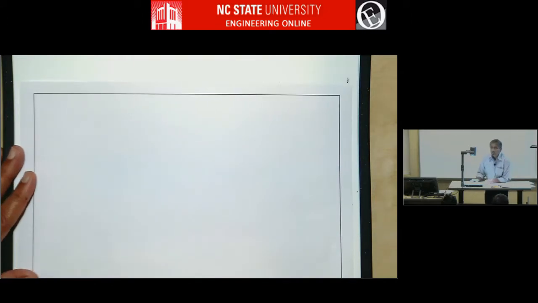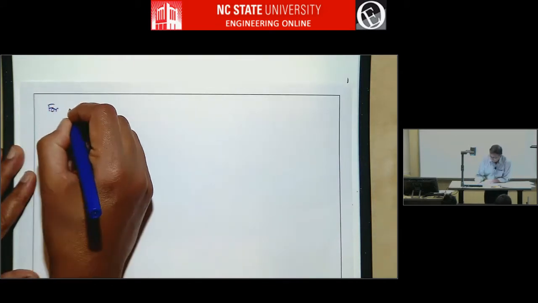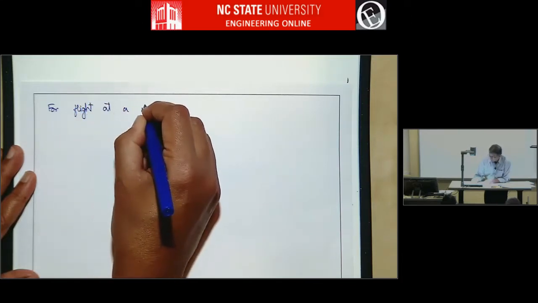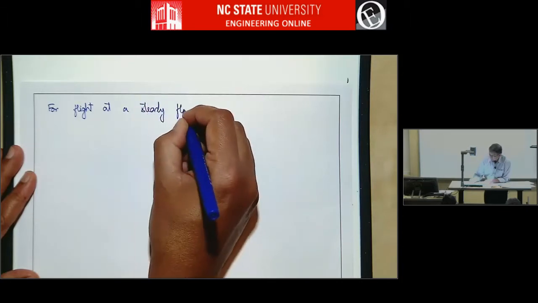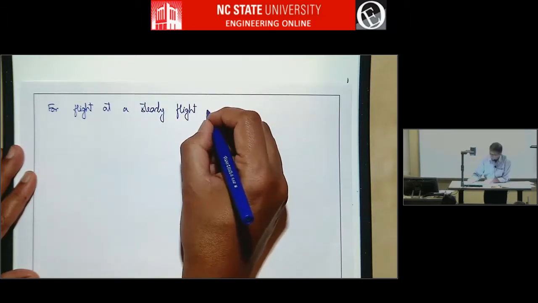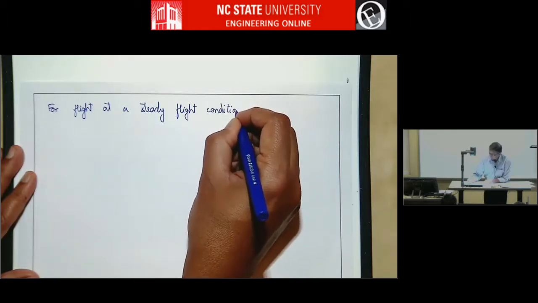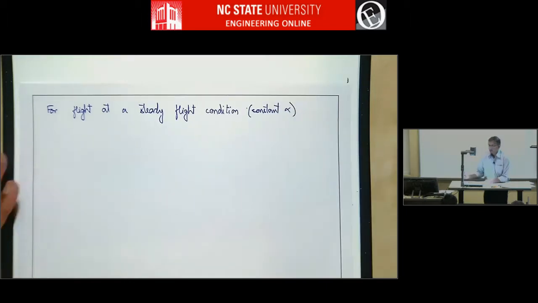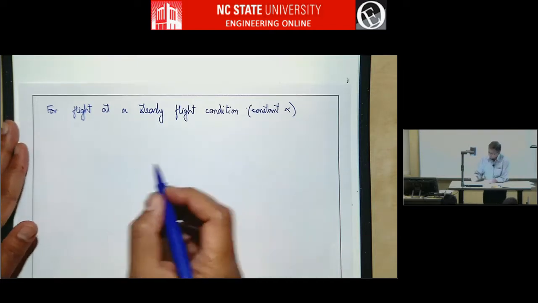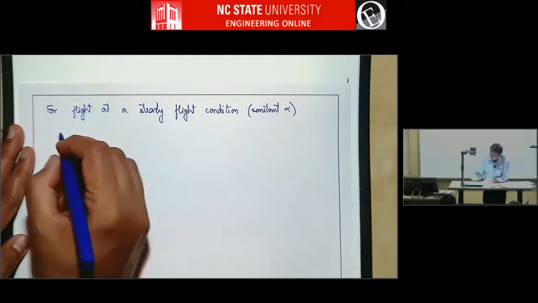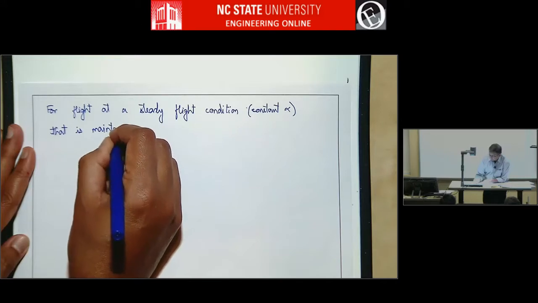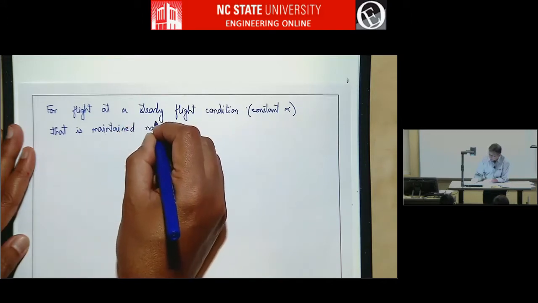Okay, so the requirements for steady flight condition: we want an aircraft to be flying at a constant angle of attack that is maintained naturally.